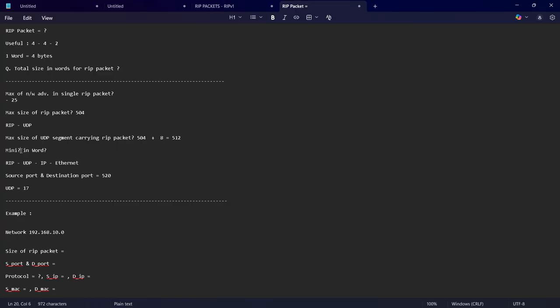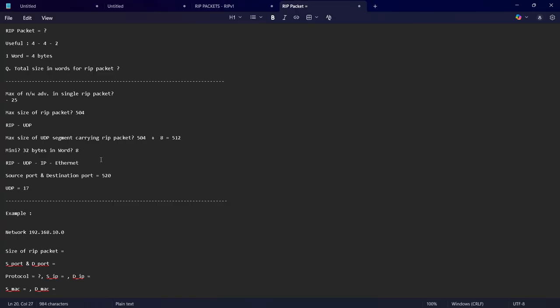And now the UDP header cost about 8 bytes. So all total, if we add everything, that is 32 bytes, right? And if we convert it in words, 32 divided by 4, that is 8 words, right?